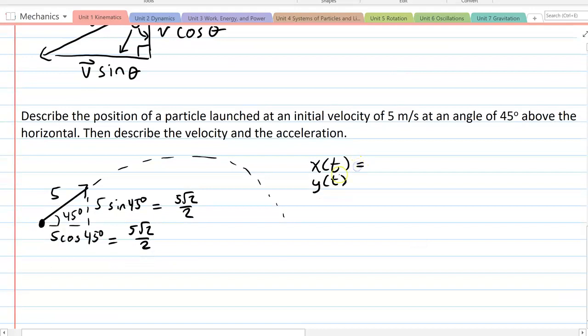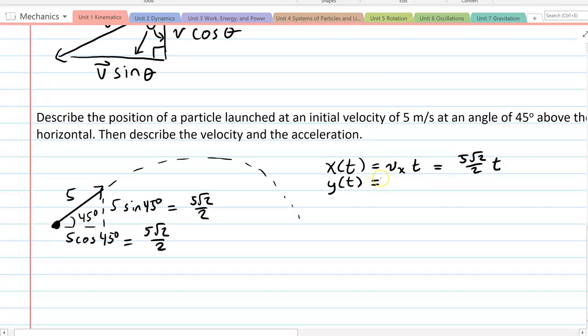We're going to say the particle starts at 0 here, so 0, and then we're going to add vt, or the velocity that is also in that direction, times time, which is equal to 5 square root 2 over 2 t, and that's how we can describe its position along the x.